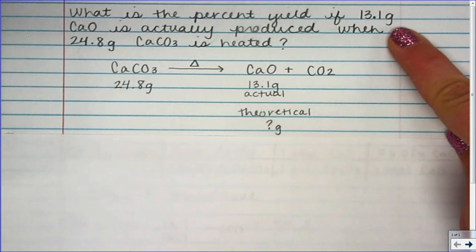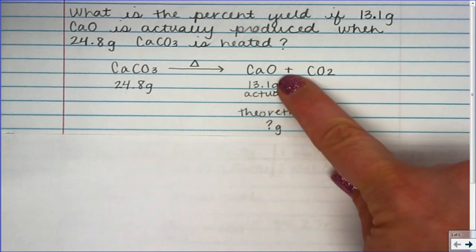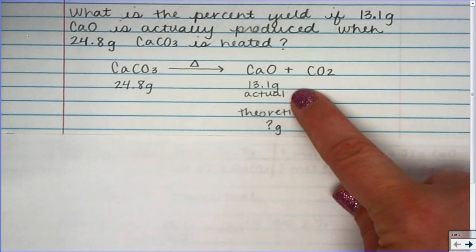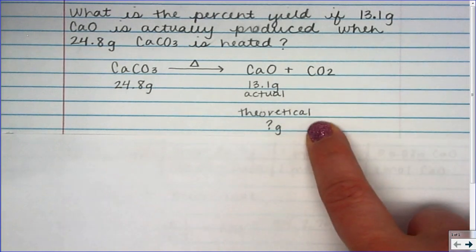The wording sometimes throws people off, but you need to figure out which of the two numbers is the actual number that you need to put into your percent yield problem. This is the part that's new here. The 13.1 grams is the actual number for calcium oxide, so I listed it right underneath there. The theoretical number that I have listed here, we don't know.